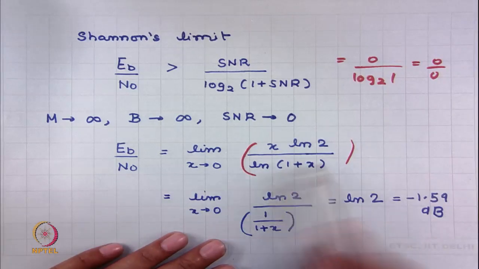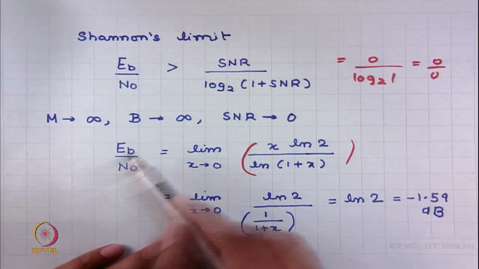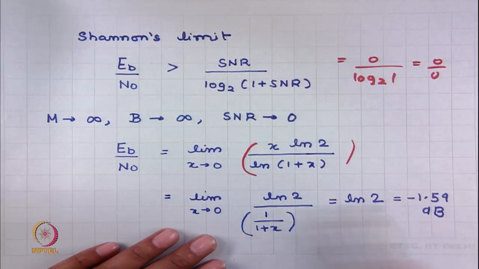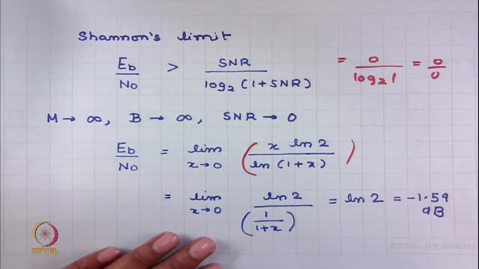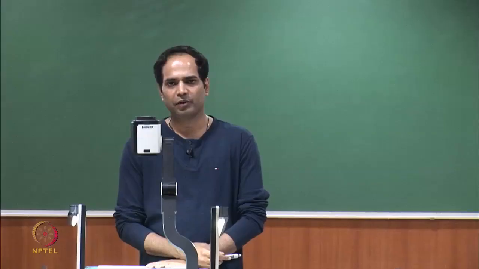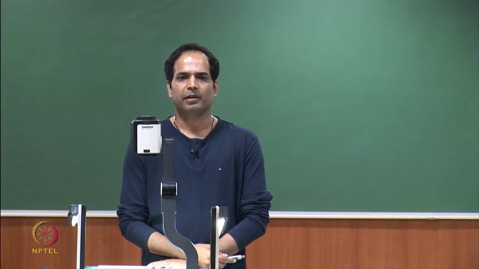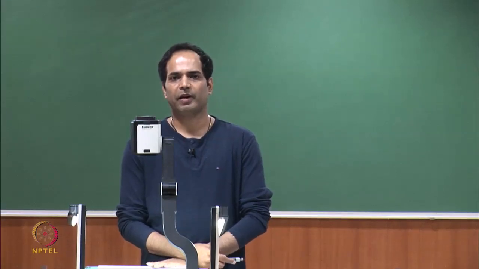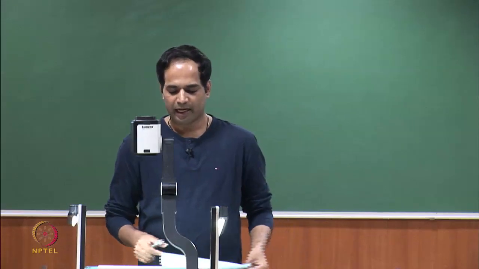When I differentiate the denominator, I get 1 upon 1 plus x. Now, I can substitute x as 0 and I get the Eb/N0 requirement as ln 2, which is minus 1.59 dB. Okay. So, this follows from Shannon's basic equation, and we will prove in today's lecture that orthogonal modulation schemes also require the Eb/N0 of minus 1.59 dB if you assume that m is tending to infinity.